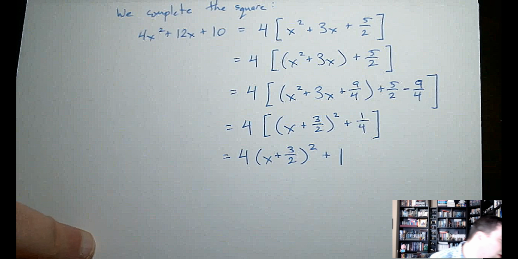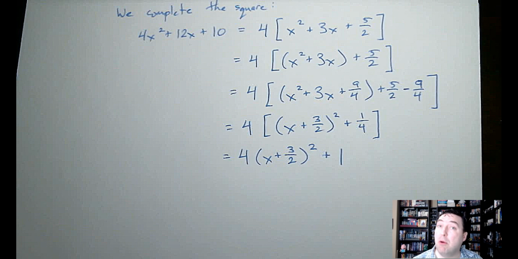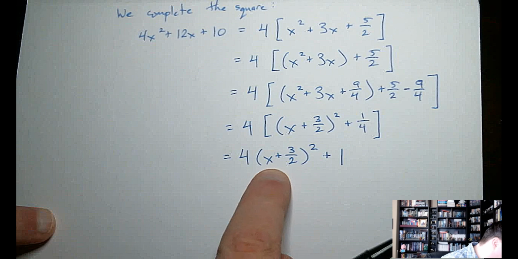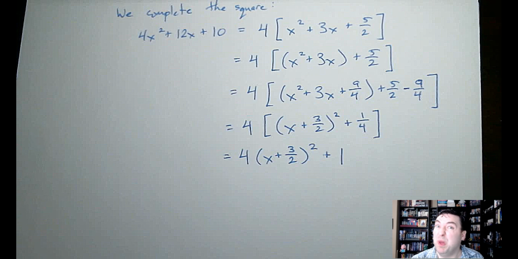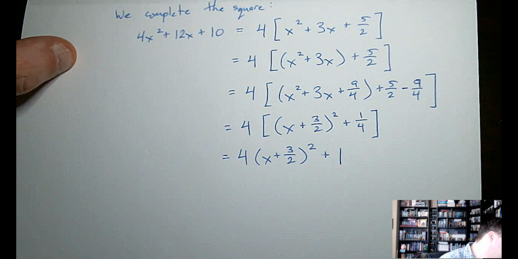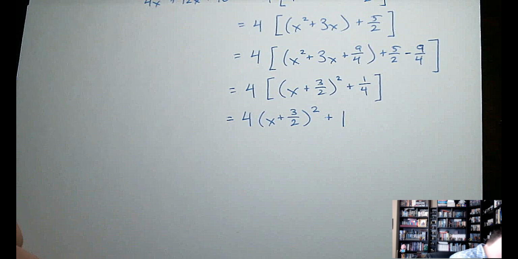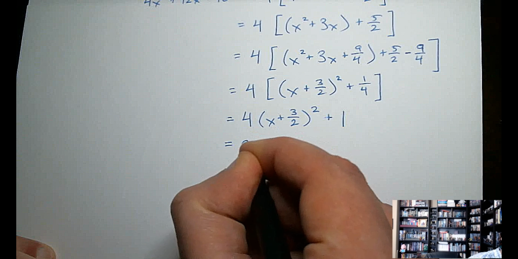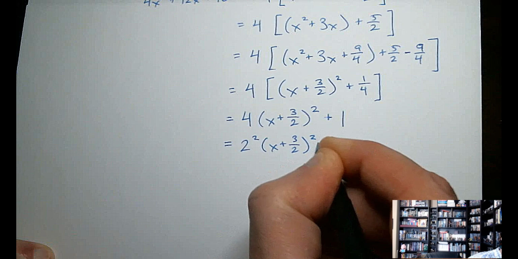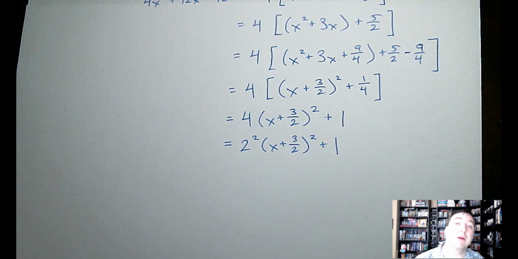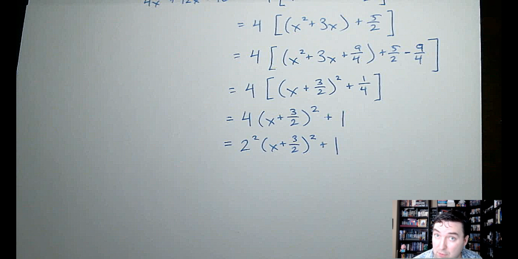But then we can also bring that 4 inside the power of 2. But we've got to remember, we don't just suddenly multiply 4 into the brackets here. The fact that this is being raised to the power of 2, that matters. So we have to remember that 4 is equal to 2 squared. So we've got 2 squared times x plus 3 over 2 all squared plus 1.